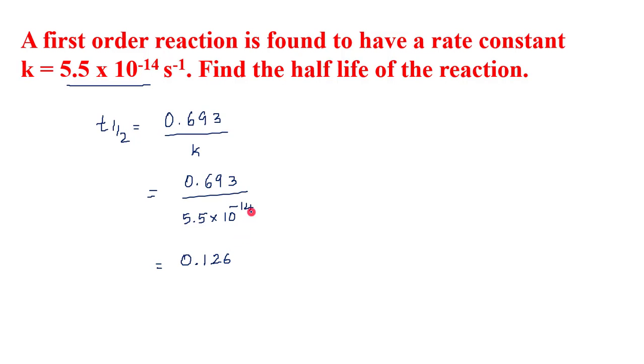And this, when you shift to the numerator, it will become 10 raised to 14. Or you can write 1.26 into 10 raised to 13, as the decimal shifts to the right and the power decreases. Unit will be as it is per second, and here it will be second. Okay, this is the answer, right?